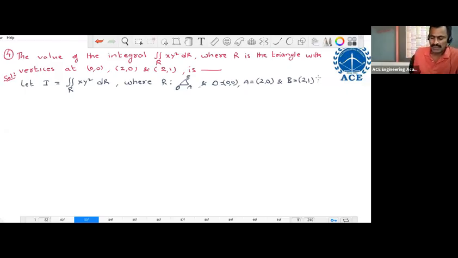R is a triangular region with three vertices. With the given three vertices, we draw the diagram, and from the diagram we find the limits. Let us draw the diagram.